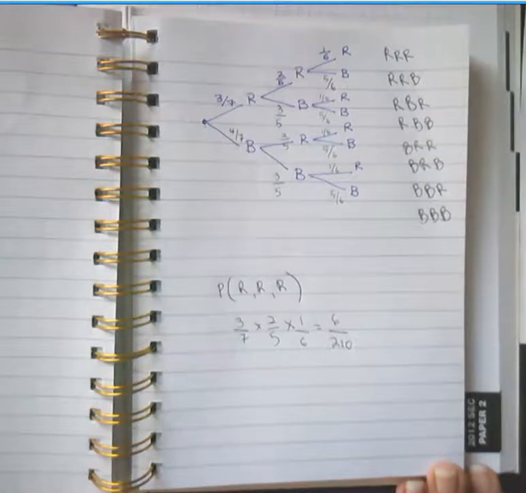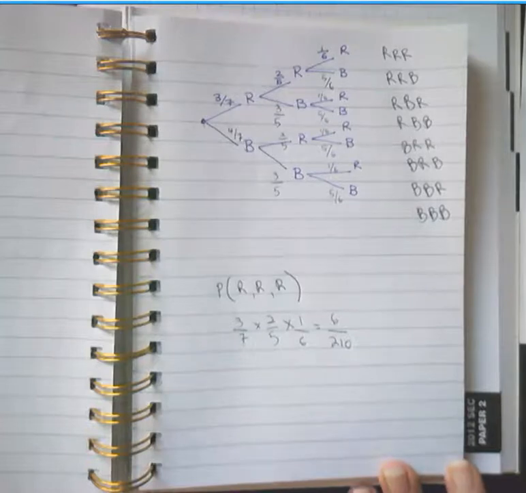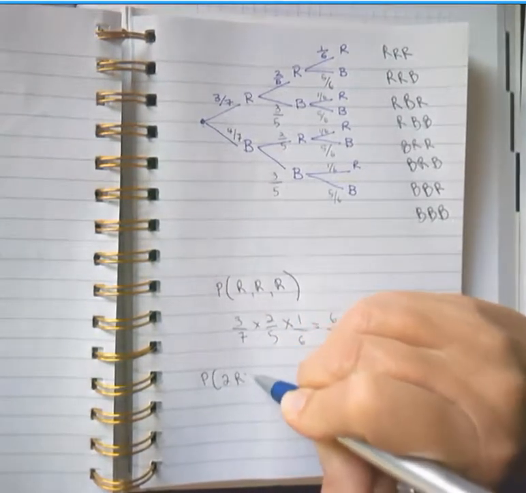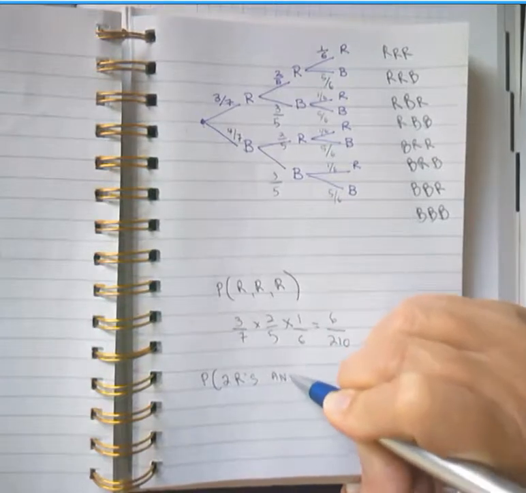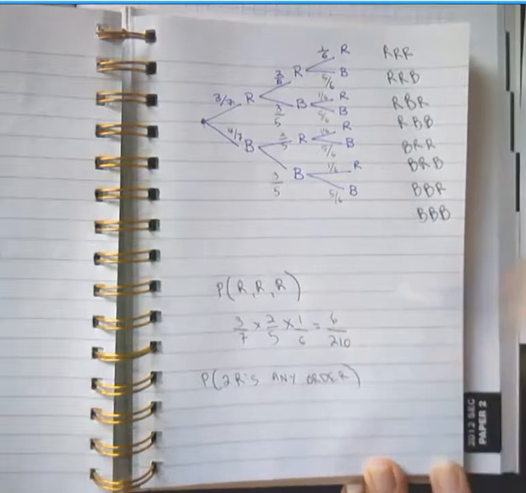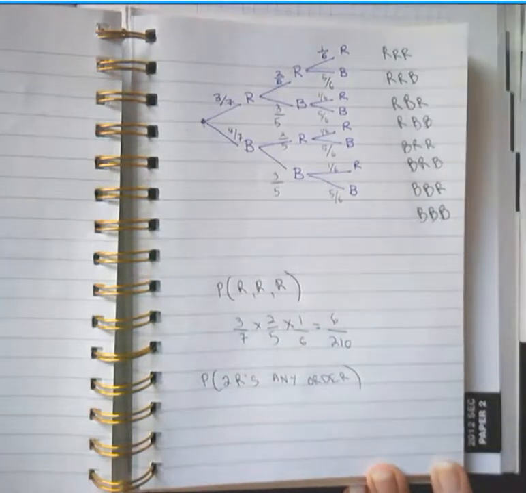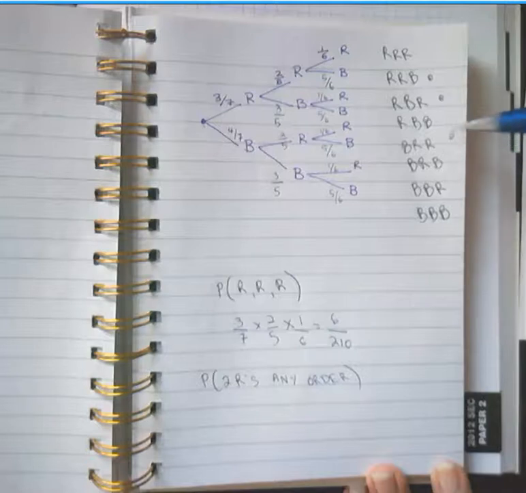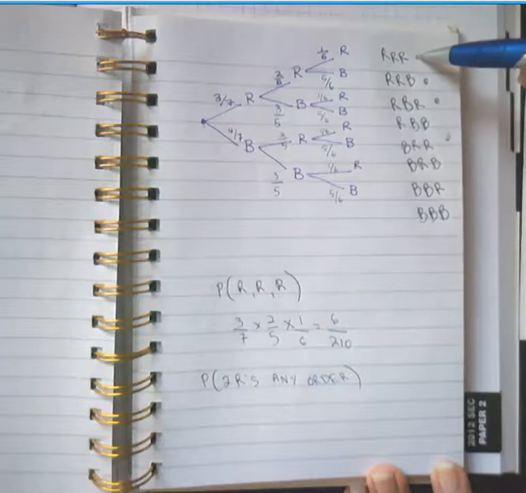That's a pretty low probability. If I wanted to find out the probability of getting 2 reds, and they could be in any order, then if I look along my outcomes, 2 reds means I could have done it this way, this way, this way, or technically that way.